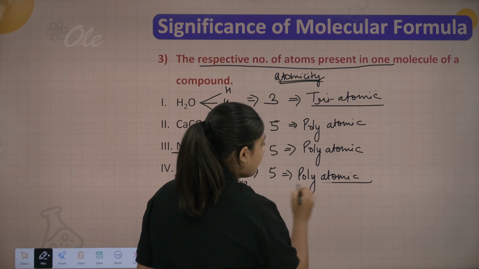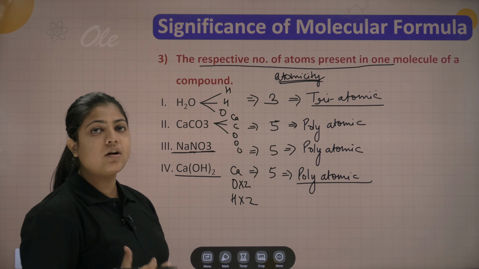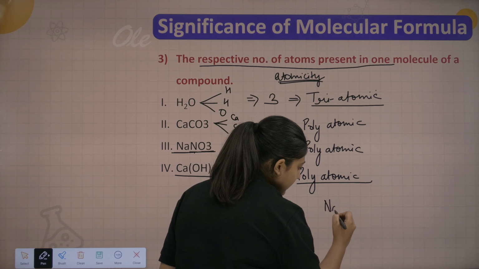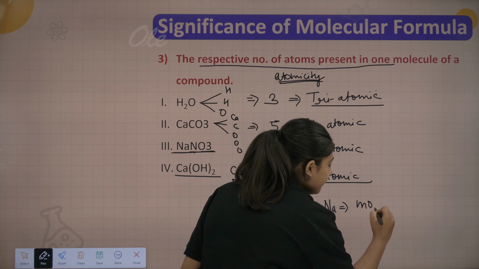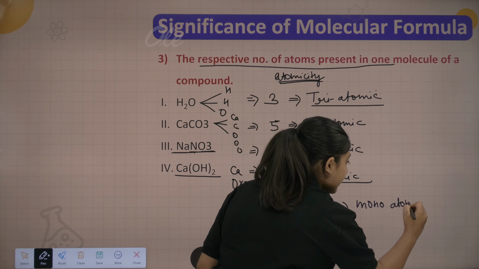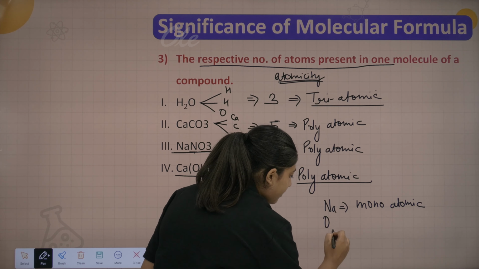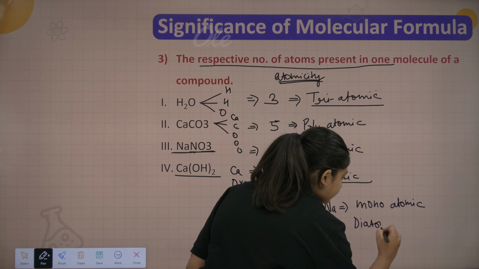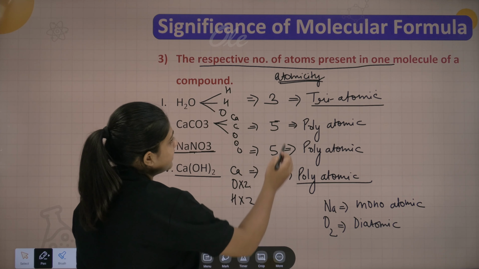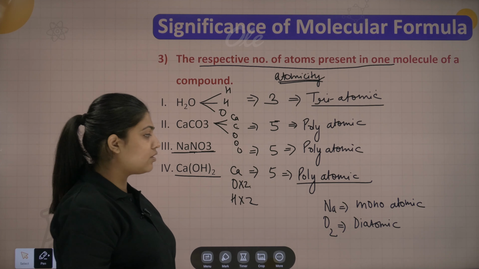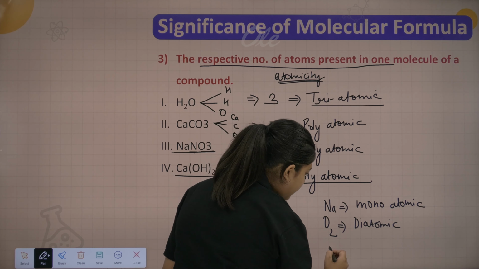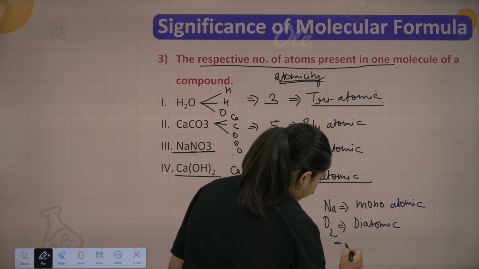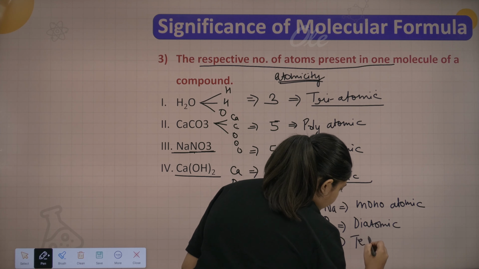If I talk about atomicity now, atomicity is actually the number of atoms that are present. So if there is 1 atom present only, for example Na, it will be monoatomic. Okay. If there are 2 atoms present, for example O2, it will be diatomic. If there are 3 atoms present, for example H2O, it will be triatomic. If there are 4 atoms present, it would be tetraatomic.